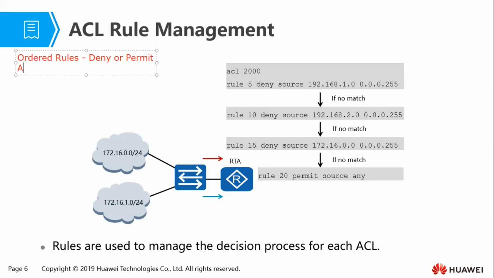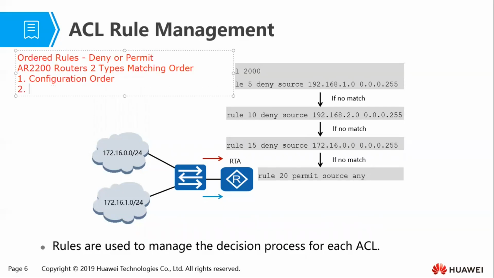Now, the AR2200 routers support two types of what they call matching order. The first one is called the configuration order, and the next one is called the automatic order.